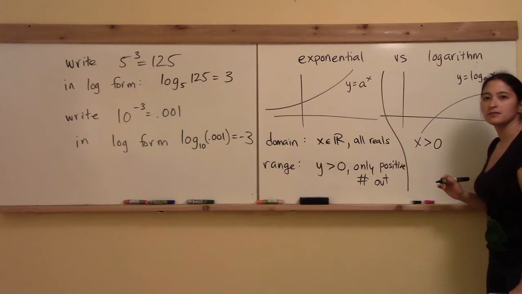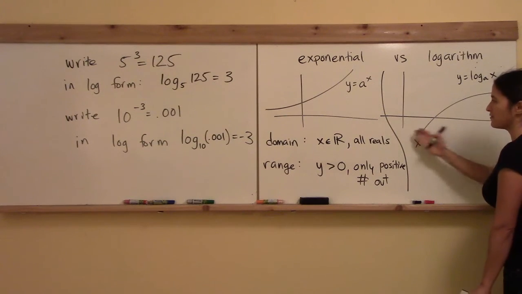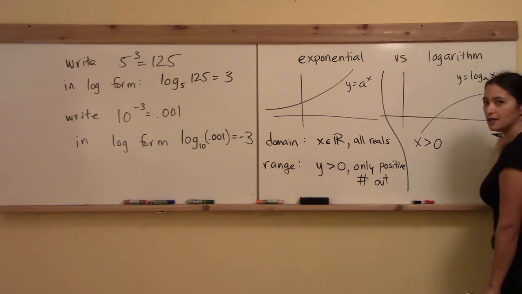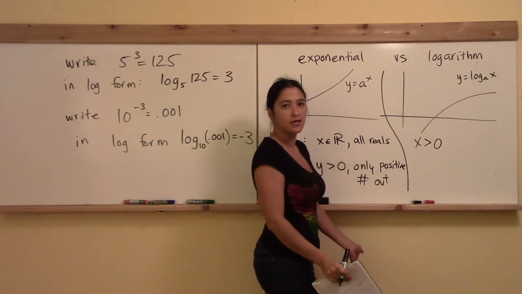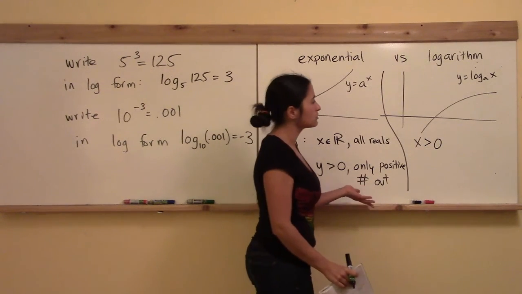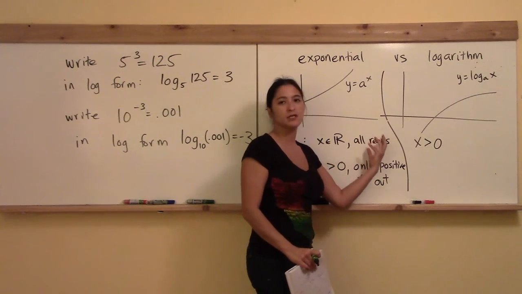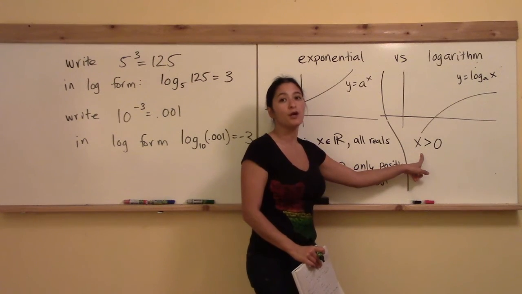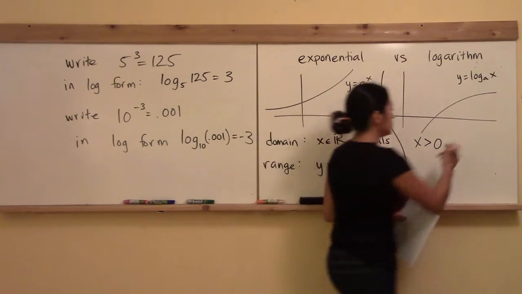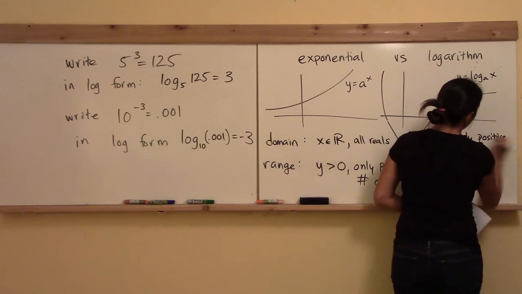Only positives. Yeah, you see how this graph is only graphed on this side of the y-axis? There's no part of the graph over here. Go ahead and try it yourself on your graphing calculator. If you graph a logarithmic function like the ln or the log base 10, there's nothing over here. Because you can't put negative numbers in it. You can only put positive numbers in.